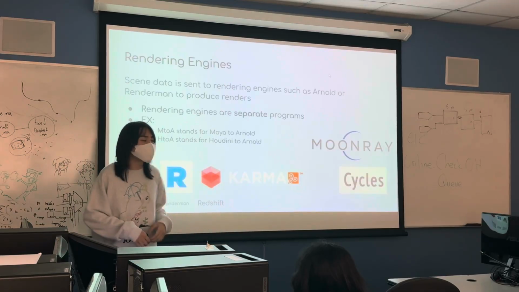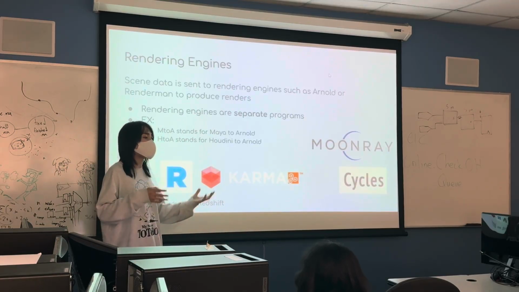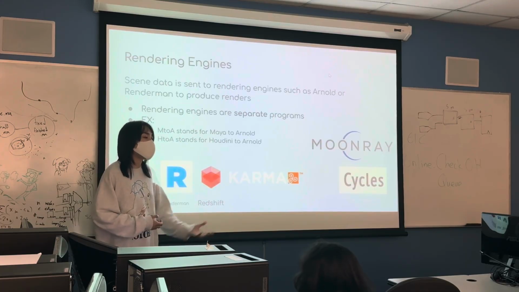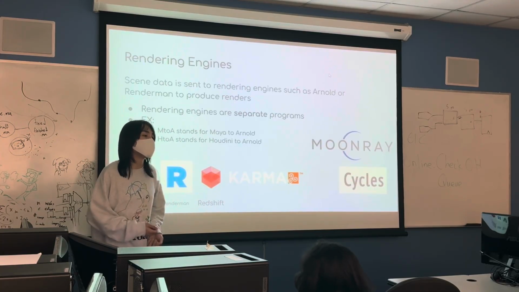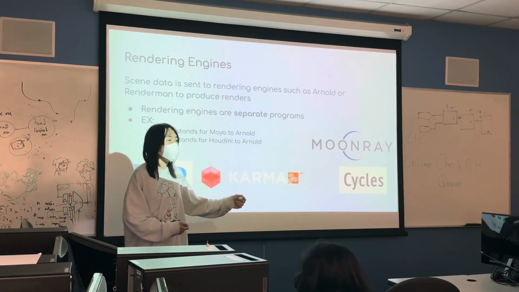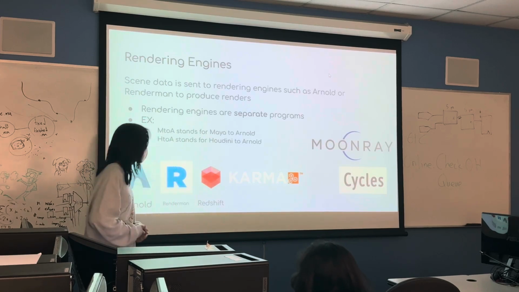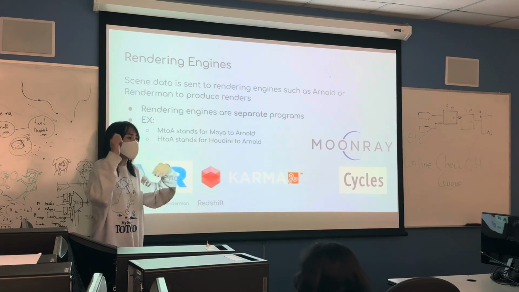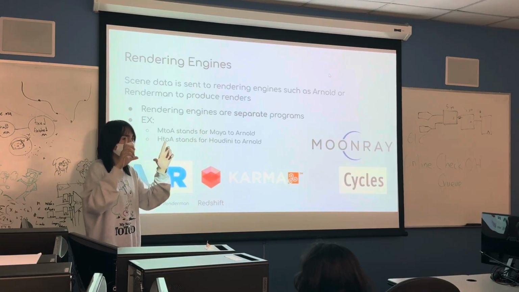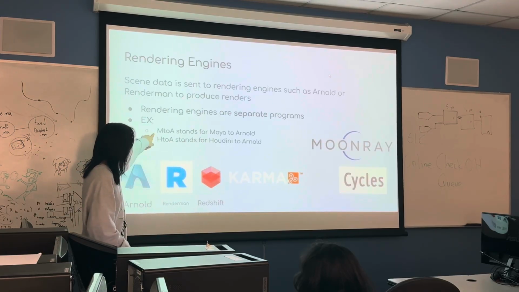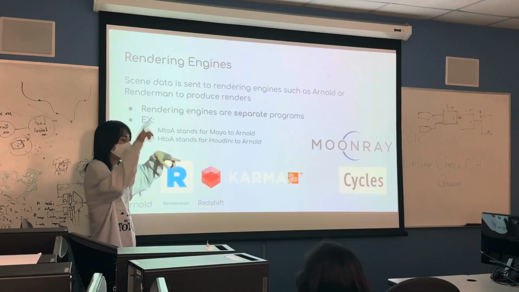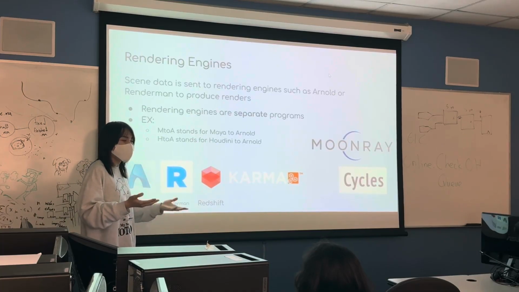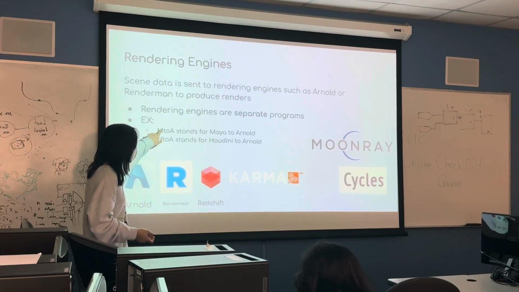So the important thing to note here is that because they are separate softwares, a lot of the times you can actually use the same rendering engine in a different software for its own specialized purpose. For example, if you've messed with the plugin sheets on Maya, you might have seen M2A, and you check that on and it enables Arnold for Maya, right? Because this stands for Maya to Arnold.